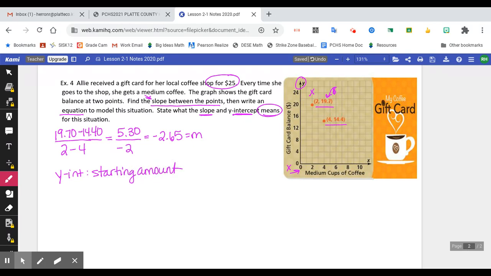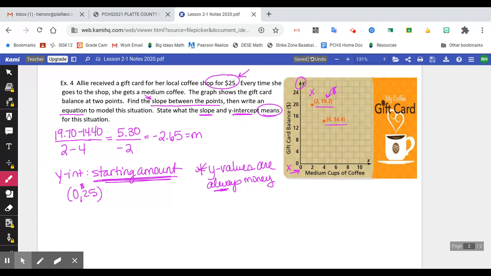Okay, the starting amount every single time. So our gift card started with $25, which means that is our y-intercept. And it's money. Y will always be money in your word problems. So y values are always money amounts every time.